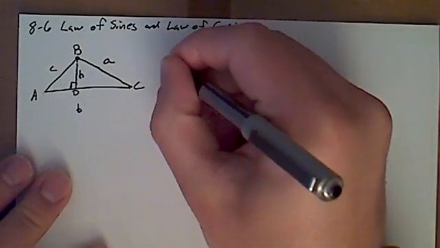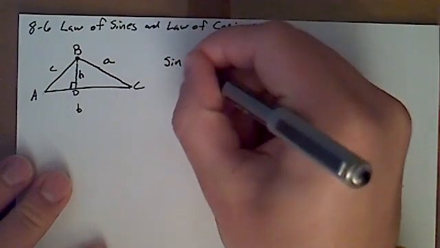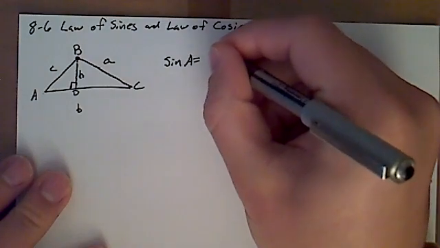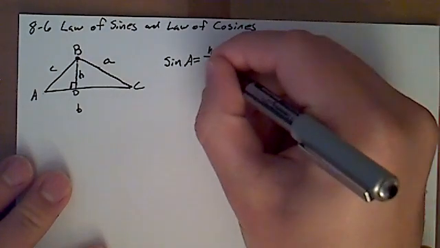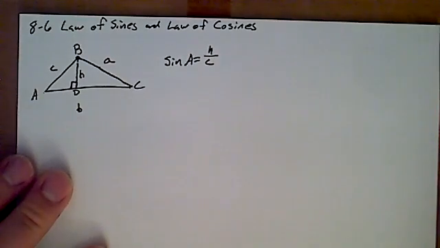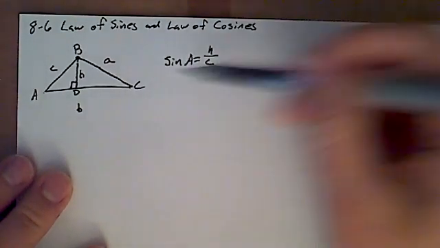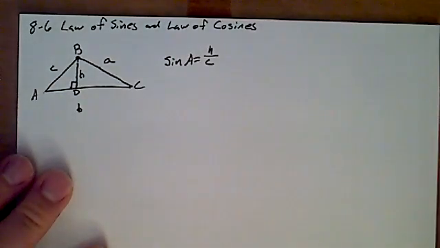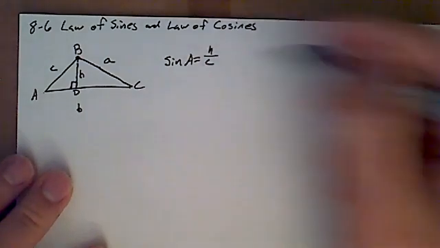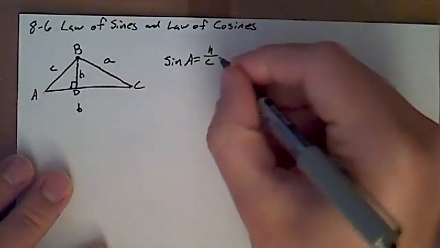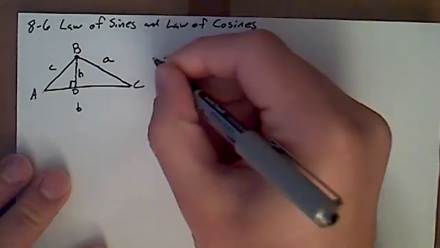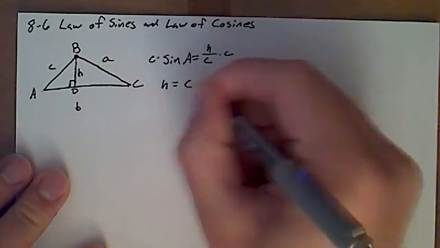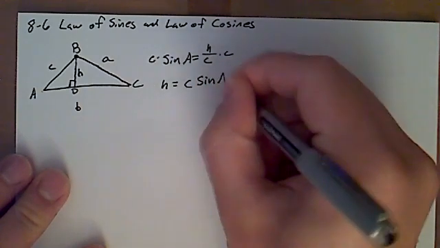So we have the sine of A has to be equal to the opposite over the hypotenuse, right? This is a true statement, even though we aren't talking about our original triangle. Well, what does h equal? If we multiply c on both sides here, we get h equals c sine of A, right?